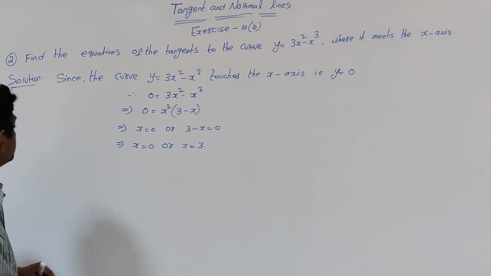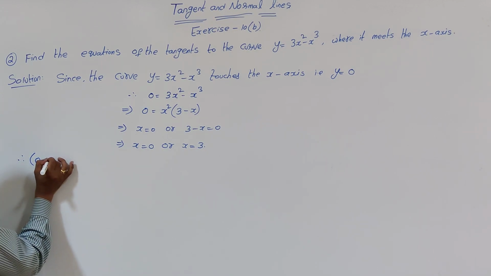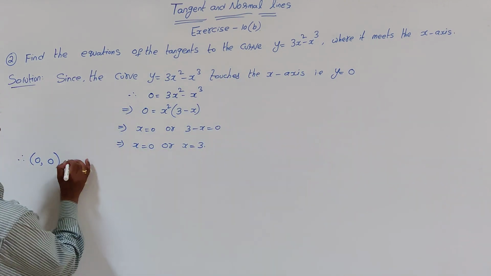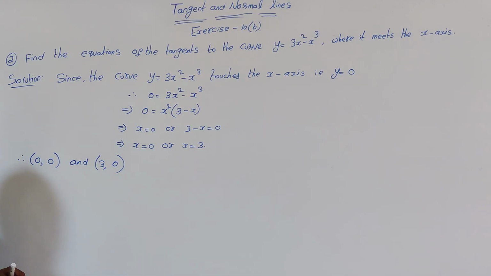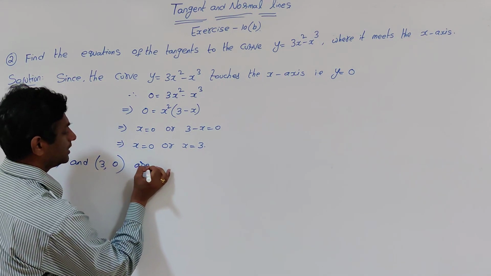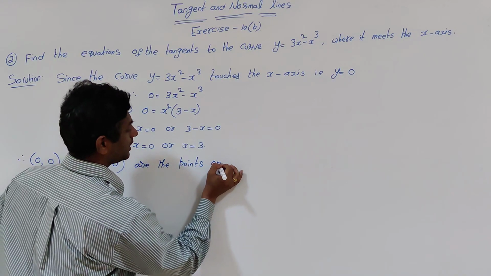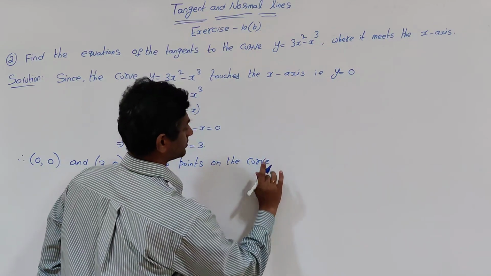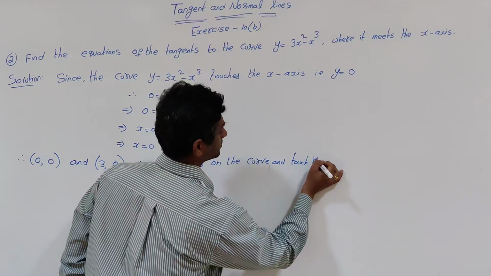So the points 0 comma 0 and 3 comma 0 are the two points on the curve that touch the x-axis.